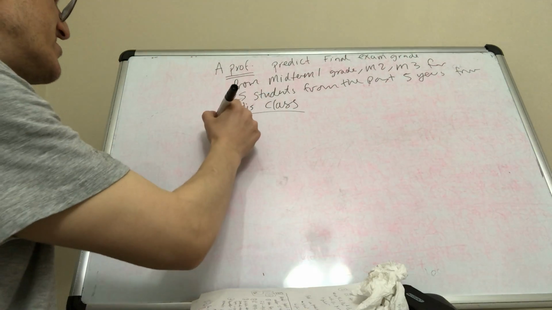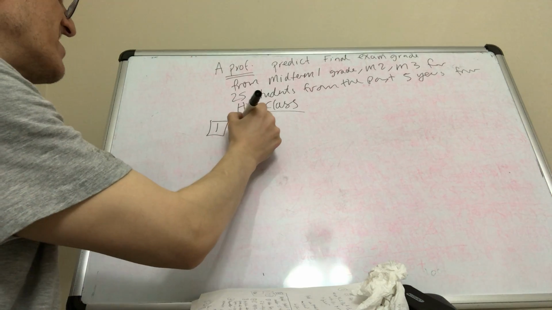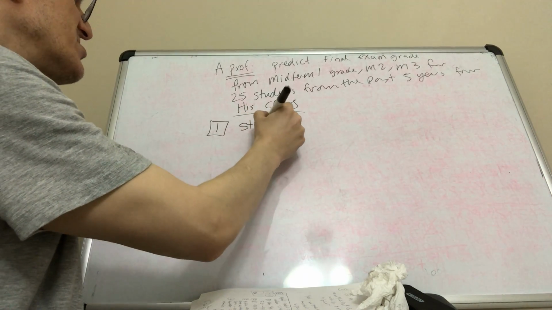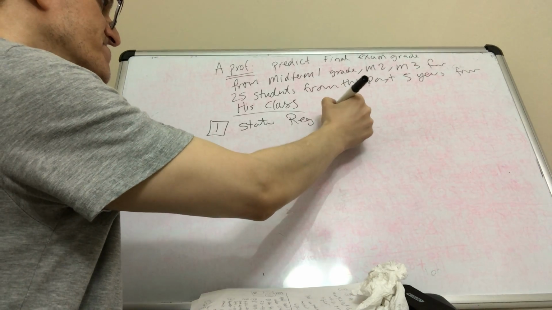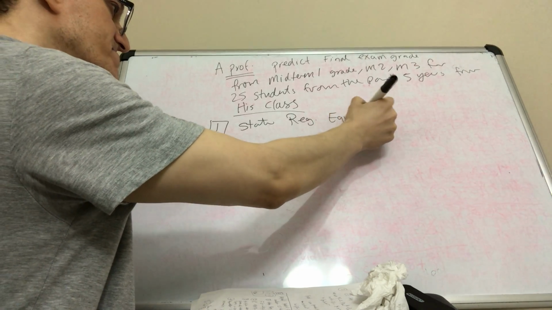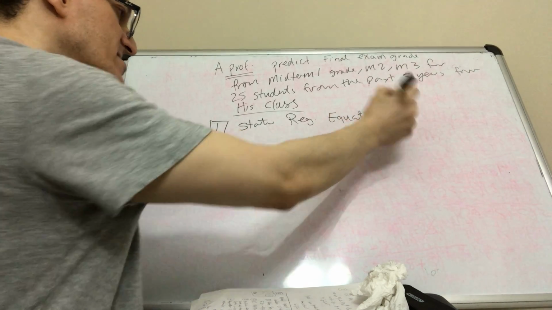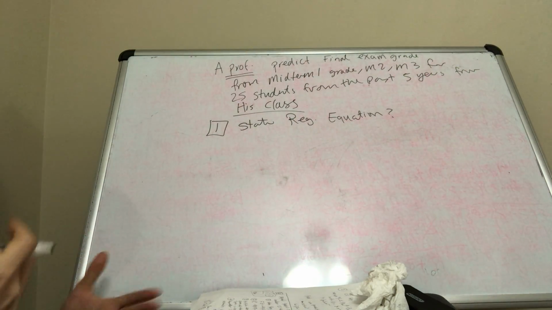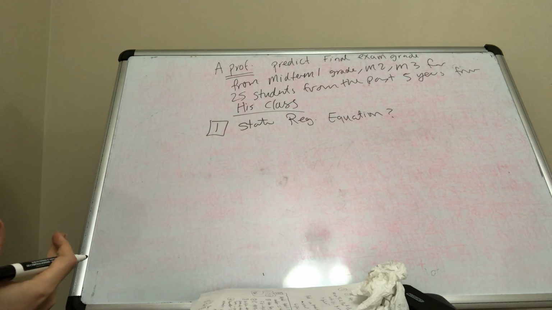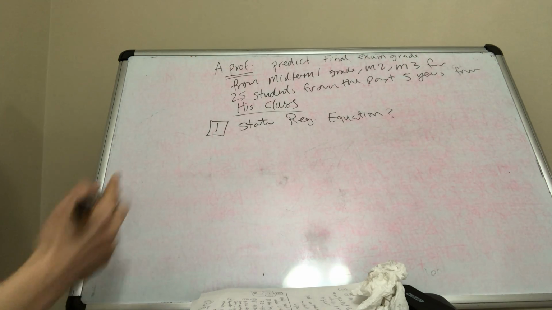So, in the first question, the question was state the regression equation. Now here, there are multiple tables given in Minitab.